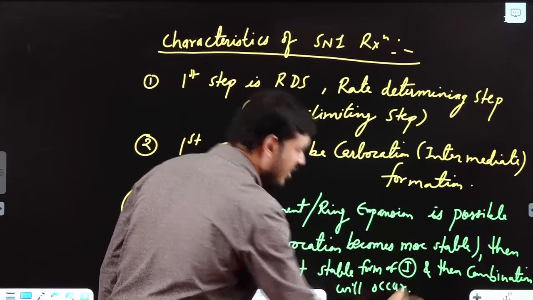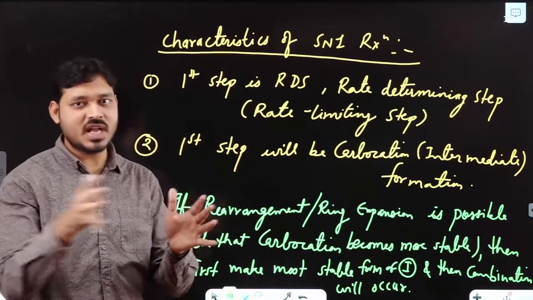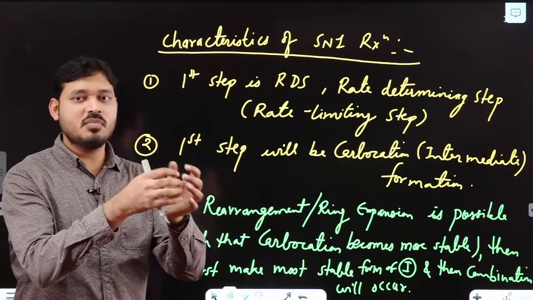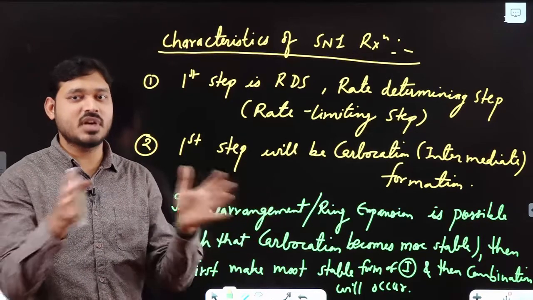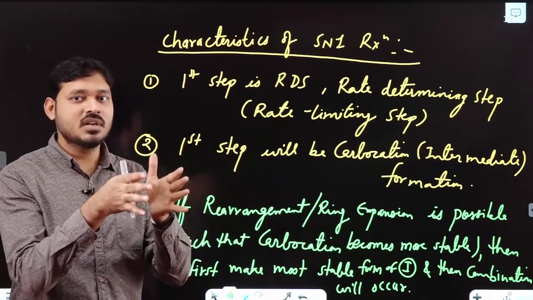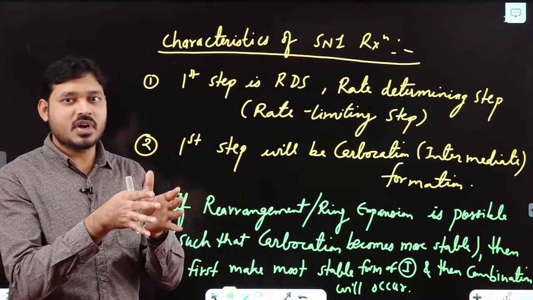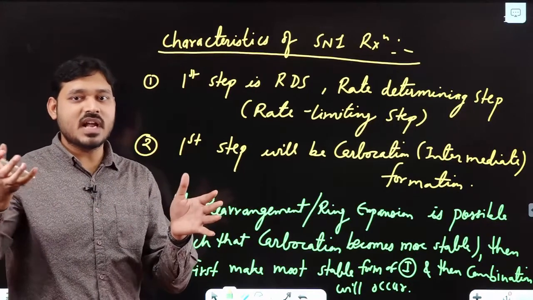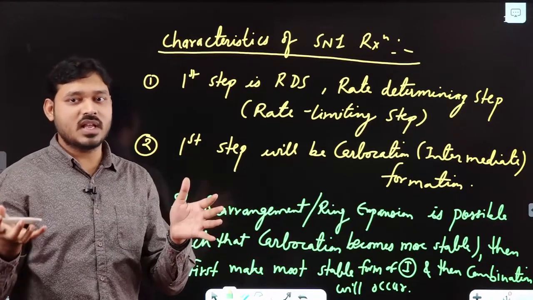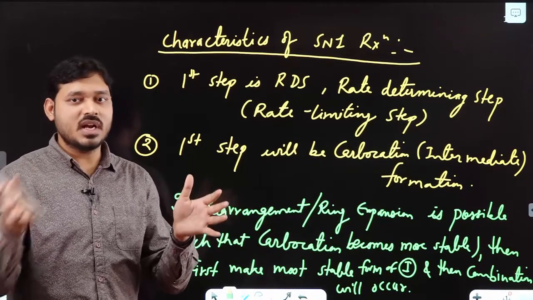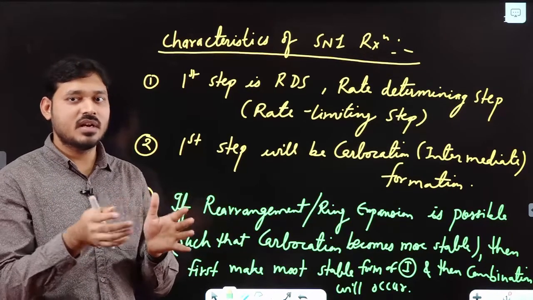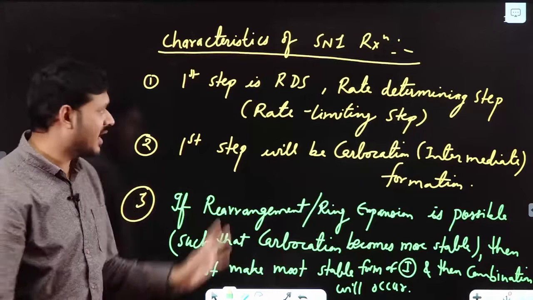Now what is the meaning of combination? First step is ionization, carbocation is generated, you will make the rearrangement or ring expansion, whatever is possible, make the best or most stable form of carbocation, and then combination means that the solvent or whatever other part you are taking will attach with this cation. That combination will occur. Okay.